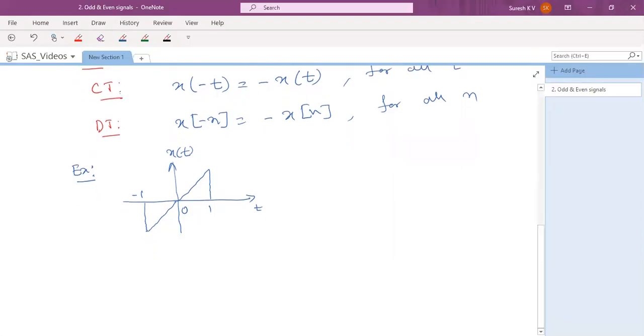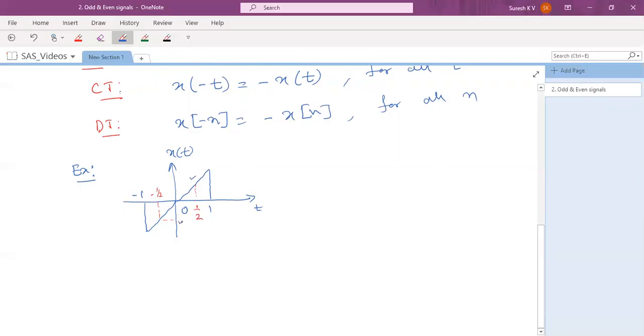What I mean is, for example in this case, this is the magnitude of the signal, say at half, and you can see that at minus half the magnitude is the negative of that. So you can observe that whatever is true at a positive value, the negative of it is true at the negative value of t.